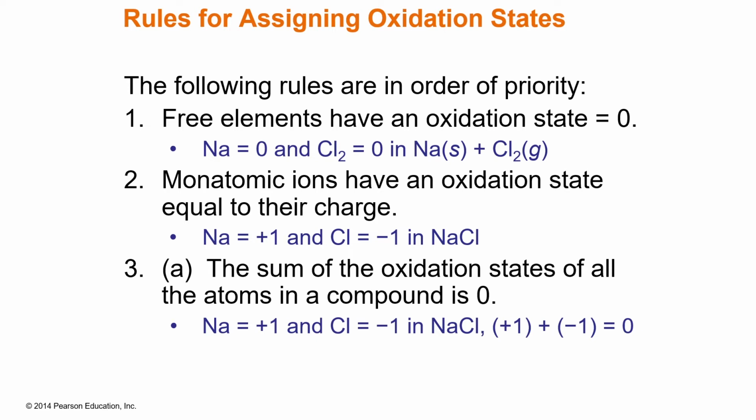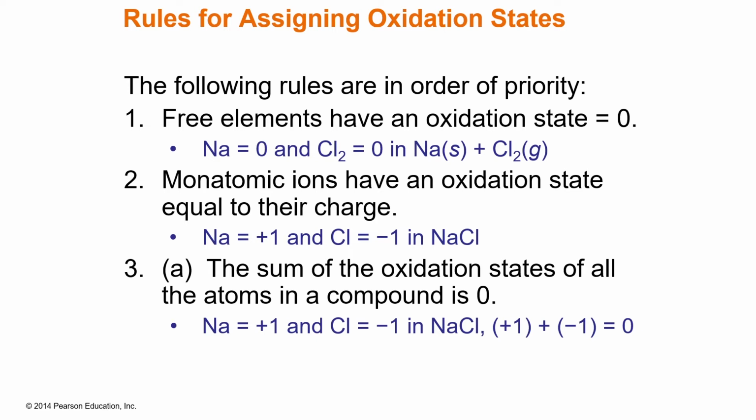Now we're going to encounter many situations where we have, for example, polyatomic ions, or we have elements that might be in different oxidation states. So we're going to take advantage of this very important rule, rule number 3. The sum of the oxidation states of all the atoms in a compound is 0. You can see in sodium chloride, +1 added to -1 would give you 0.